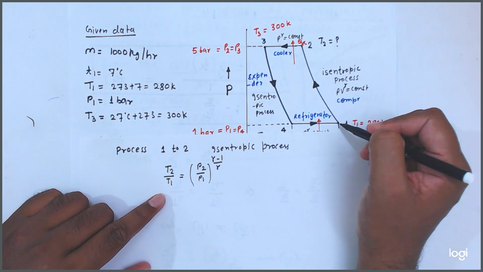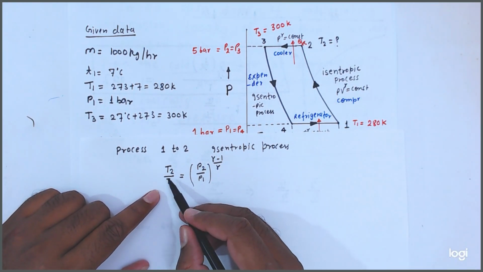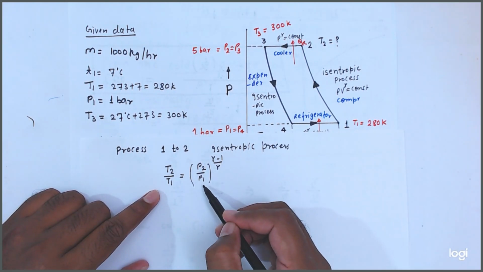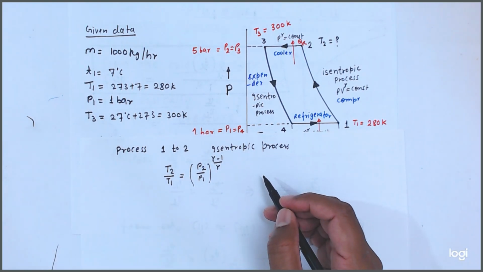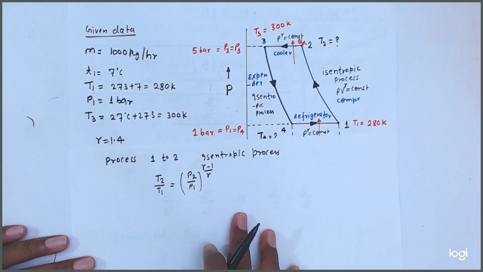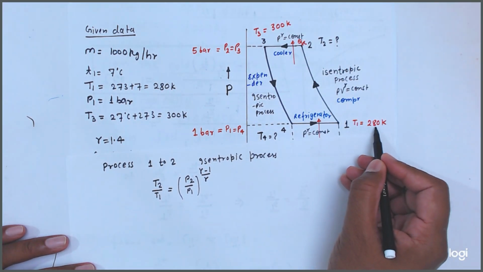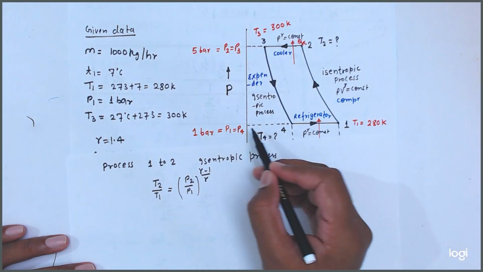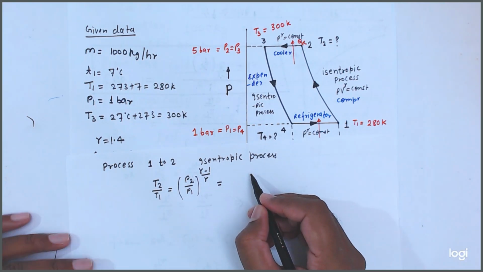So process 1 to 2 is isentropic, so it will follow this relation from thermodynamics. Here T2 we don't know, the value of T1 is given, pressures P2 and P1 are given. So we will find the temperature T2.